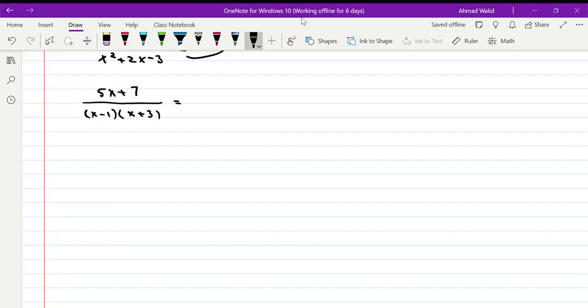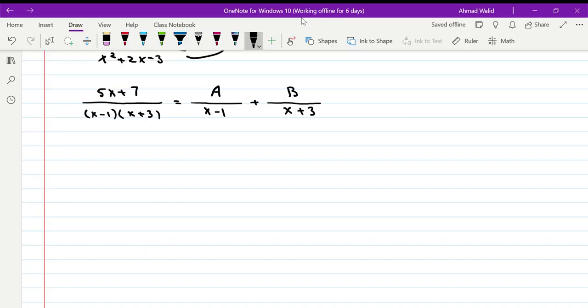What should I do in step 1? Write my partial fractions using A and B in the numerators. How many of them do I need? I have two factors, then two fractions on the right side: A over x minus 1 and this one, B over x plus 3.